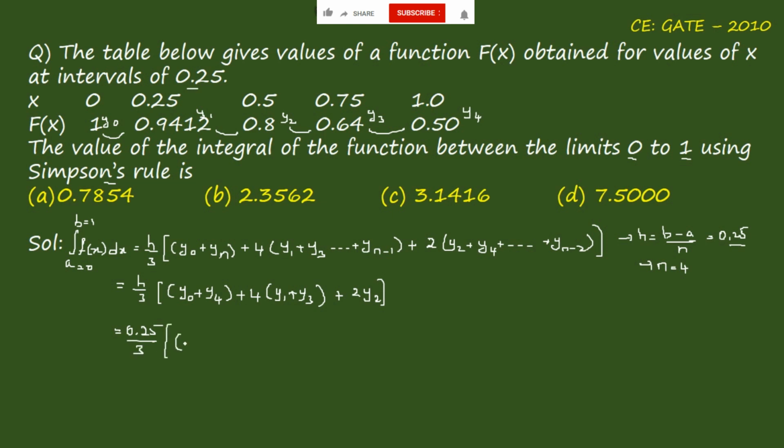Y naught is 1 plus y4 0.5 plus 4 times of y1 0.9412 plus 0.64 plus 2 times of y2 0.8. So substitute the value, we get the value as 0.7854. Okay, so the value we get is option A by using the Simpson rule.